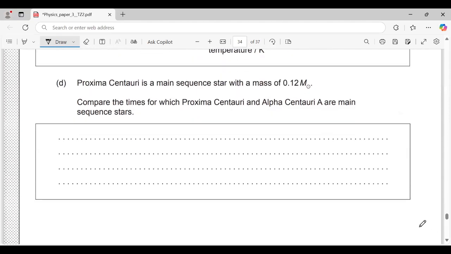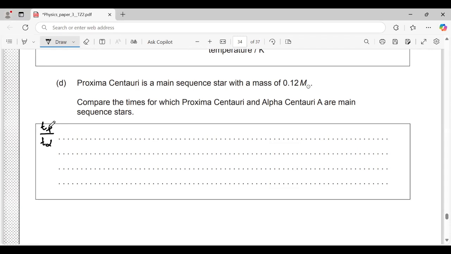Proxima Centauri is a main sequence star with a mass of 0.12 of the mass of the Sun. Compare the times for which Proxima Centauri and Alpha Centauri A are main sequence stars. The comparison can be expressed by this expression, where T is time: T_P over T_alpha.